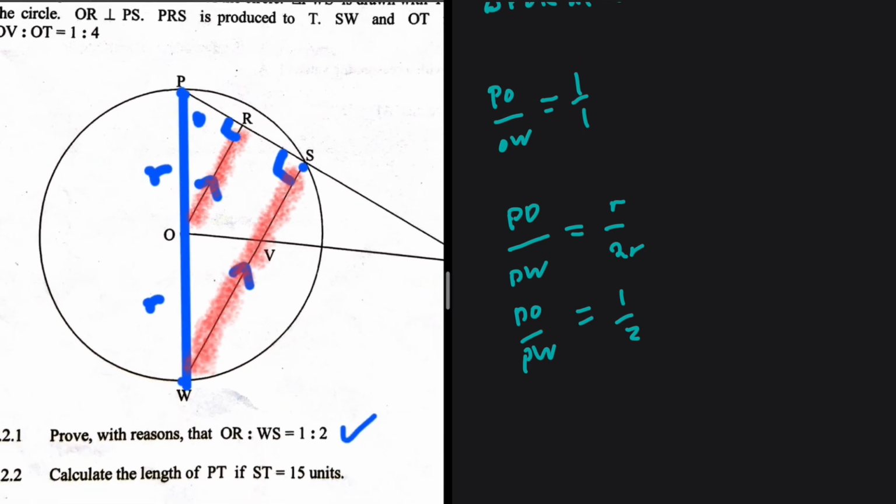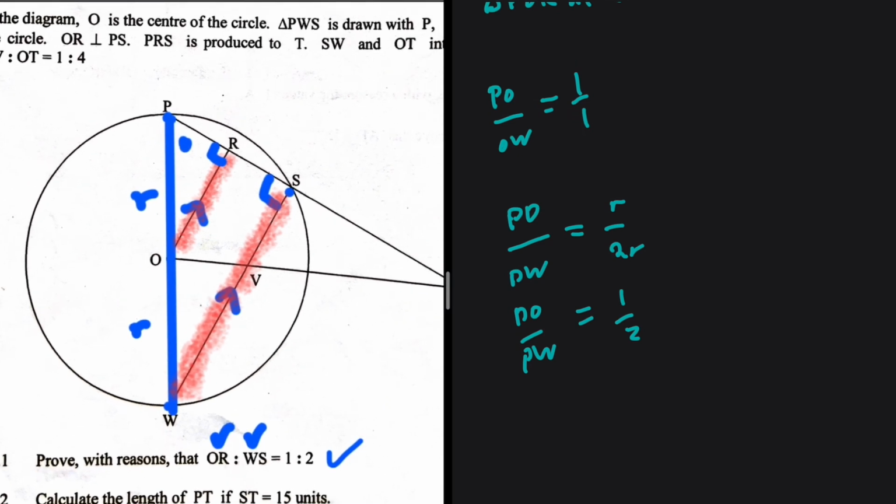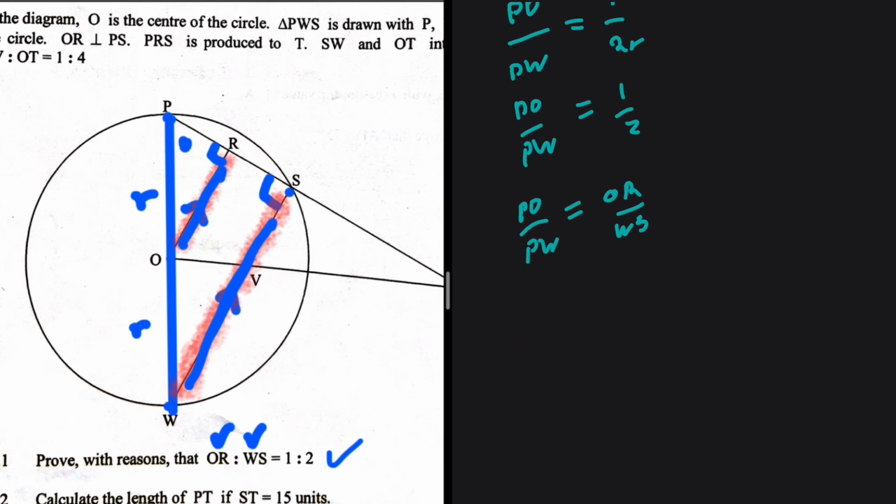But we are interested in OR and WS. OR is this side on the smaller triangle, and WS is this side on the bigger triangle. So those sides should also be in proportion. So we can say that PO over PW is equal to OR over WS.